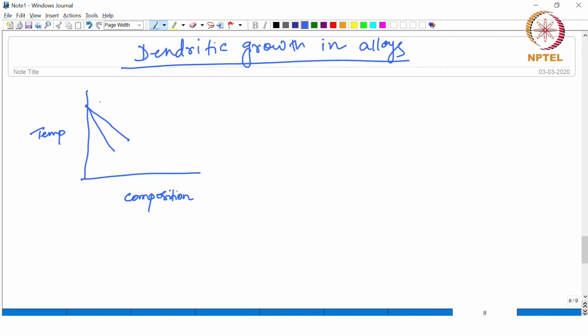And let us say we are talking about an alloy composition which is C naught, right. So, that is the average composition of the solid that we are looking at.